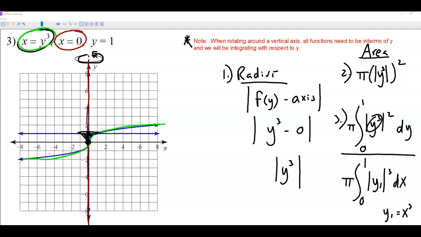But it doesn't matter. So on our calculator, we're going to enter x cubed under the y1 slot, and that really represents y cubed. And then when we go to our home screen, this is what we'll type in our home screen to get our answer. Okay, so we just kind of have to pretend we're integrating with respect to x whenever we put it into our calculator. It would be a different shape, but it would have the same size, and therefore it's going to have the same volume, so it's okay.